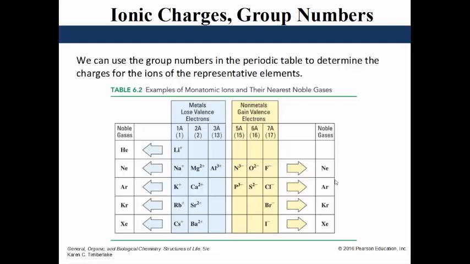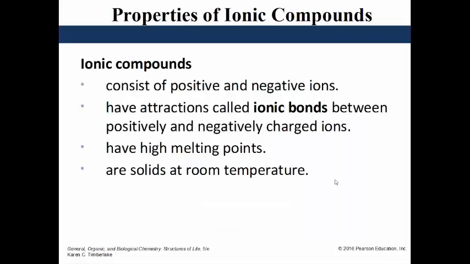So they are very stable. They don't lose or gain electrons because there's no point for them to gain or lose electrons. They're already stable like they are. So neon, argon, krypton, xenon, that whole column is fairly inert, fairly stable. So again, just by where an element is on the periodic table, you can tell what its charge would be as an ion. All right, next we'll talk about properties of ionic compounds.